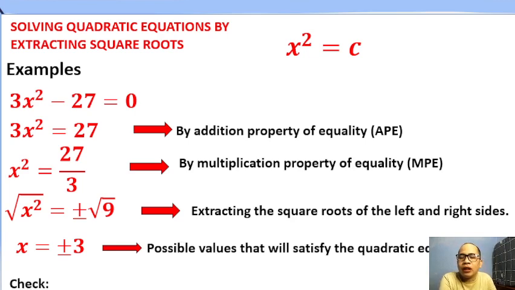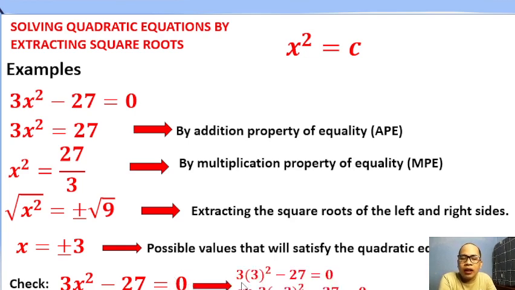So, we now check. Just substitute the values of x we obtained, positive 3 and negative 3, in the original equation, 3x squared minus 27 equals 0. It should be 0. So, let's say x is 3. 3 squared is 9, times 3 is 27, minus 27 is equal to 0.